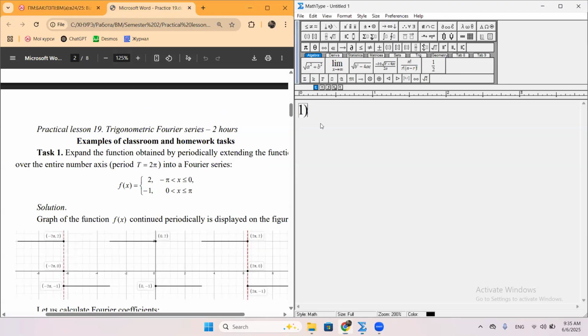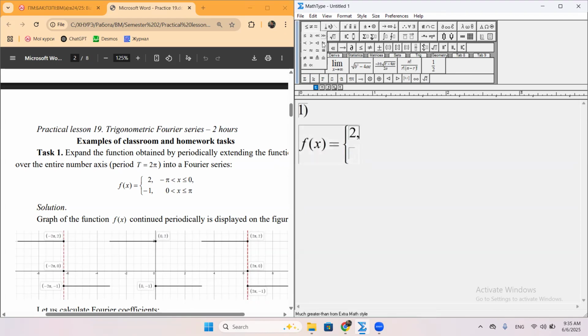If no questions, let's start solving exercises. So we have to expand the function that is defined on the segment from minus p to p. It is given piecewise.